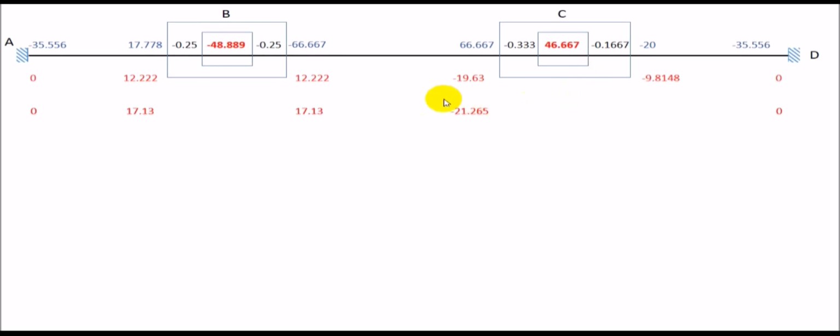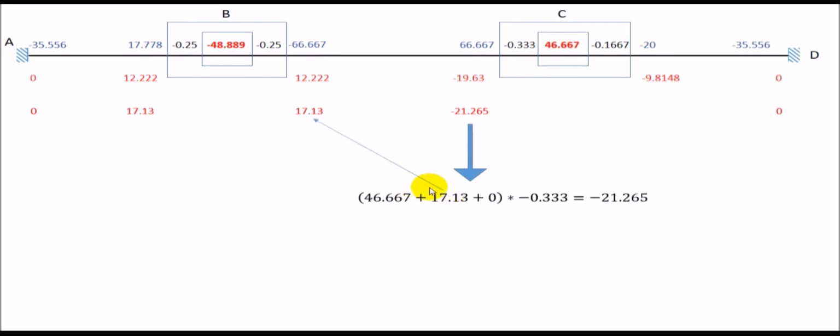The iteration value of CB is 46.667, summation moment, plus 17.13, which is the latest iteration value of left support, plus the latest iteration value of right support, which is 0, into the rotation factor of CB. Thus we get the iteration value of CB, which is minus 21.265.